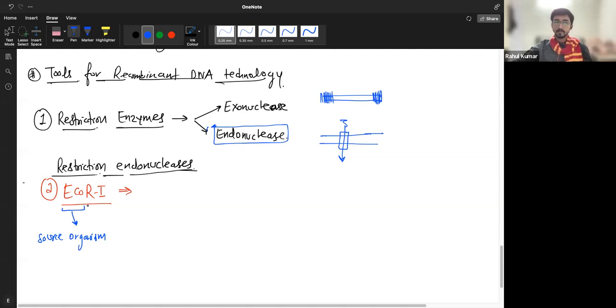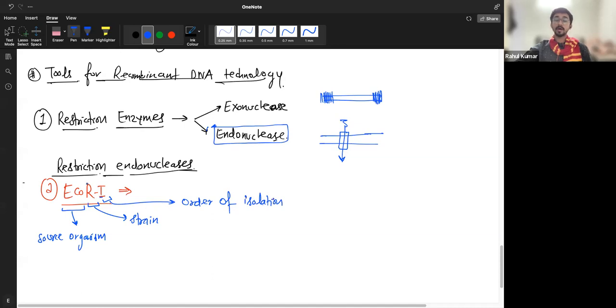The second capital letter talks about the strain of that organism, and the Roman numeral 1, 2 or 3 tells you the order of isolation, like when it was isolated.